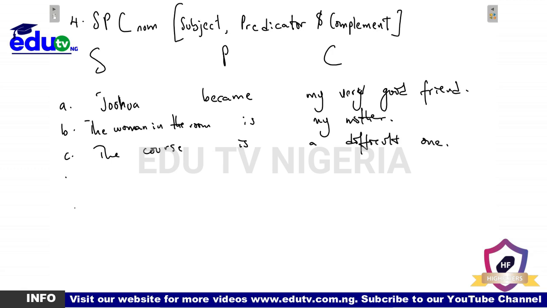We have our grandchildren are the visitors. Our grandchildren, are the visitors. And then we have E: it includes this.